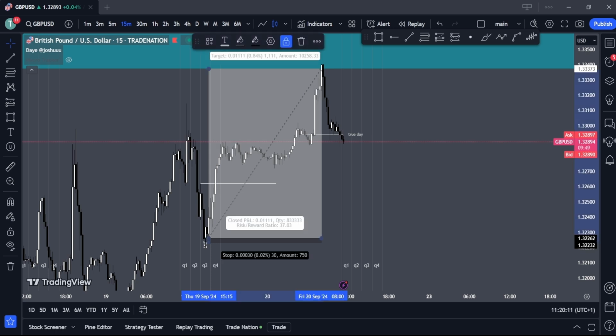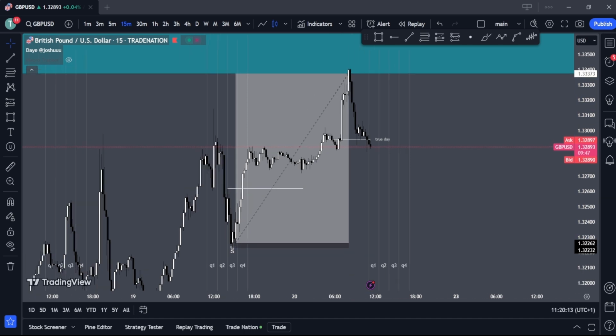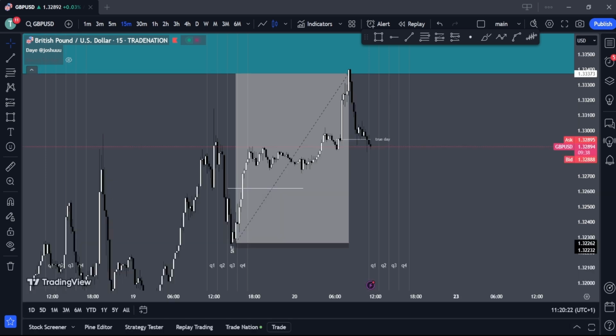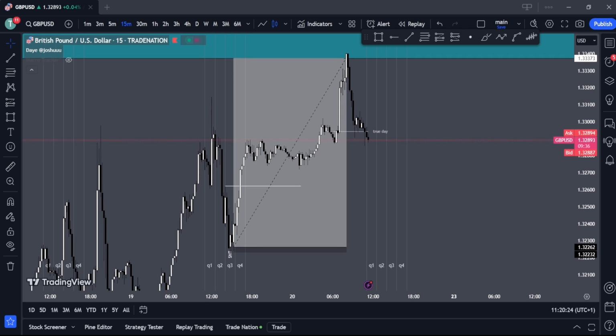Yeah, 37 RR, very nice. Risking 0.5%, I am now up 13.9% on the 1K account. If I was allowed to risk 1% or more, obviously we'd be up a lot more. We tried to trade with 1% within the first few trades on the Trade Nation account. However, it did not actually physically let us, so we had to scale down to risking 0.5.